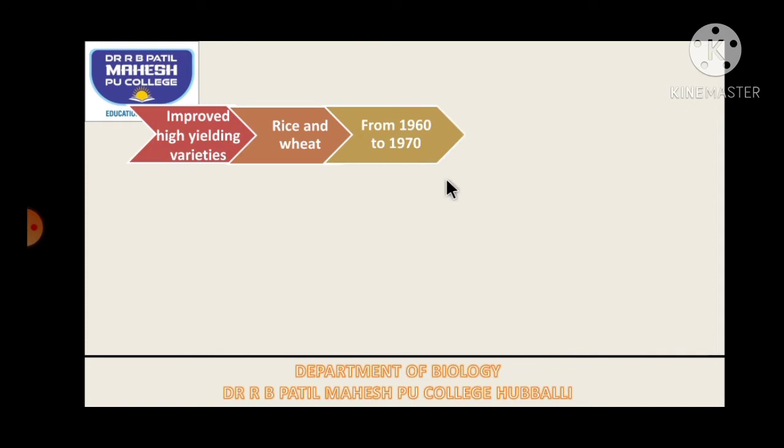From 1960 to 1970, there was a tremendous improvement in the field of agriculture which helped the farming community.